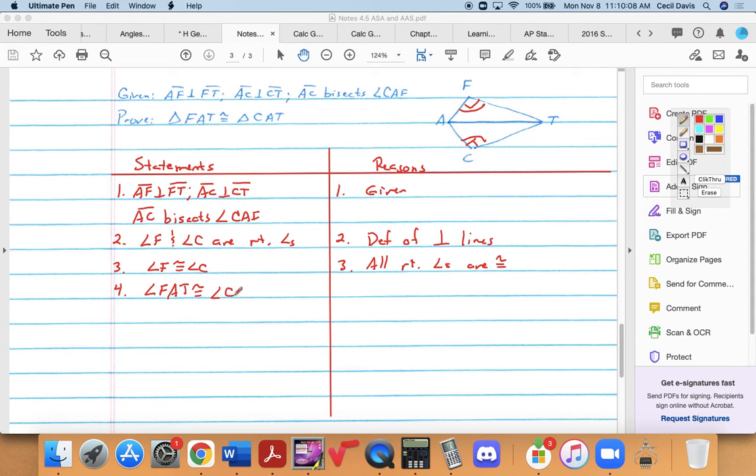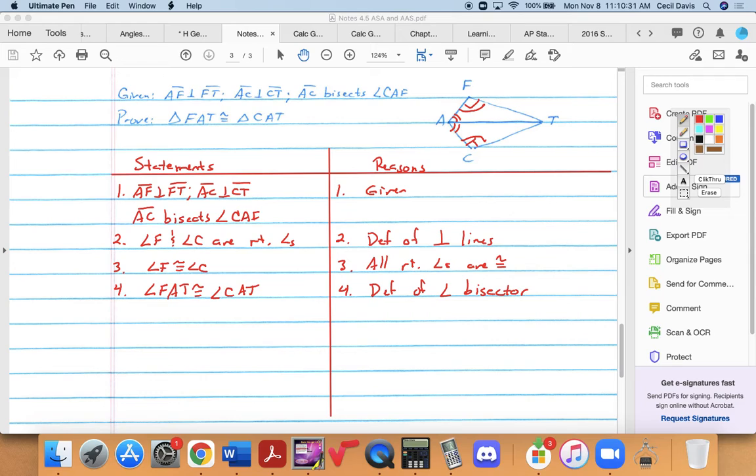How do you know that? Definition of angle bisector. Very good. Please be sure that you're not just putting definition of bisector, because there's also a segment bisector. We have to differentiate between the two.